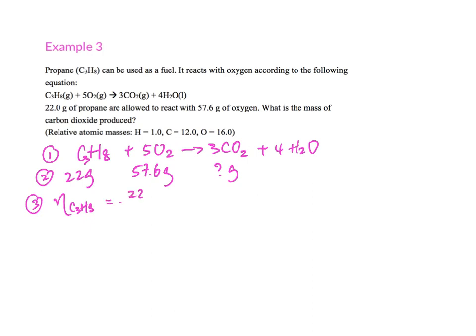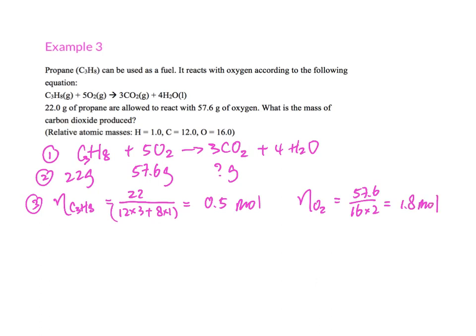This one will be 22 divided by (12 times 3 plus 8 times 1), so around 0.5 mole. While the other one, O2, will be 57.6 divided by 16 times 2, so this one is 1.8 mole.